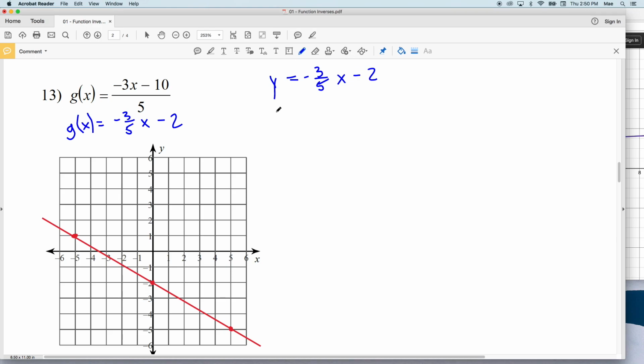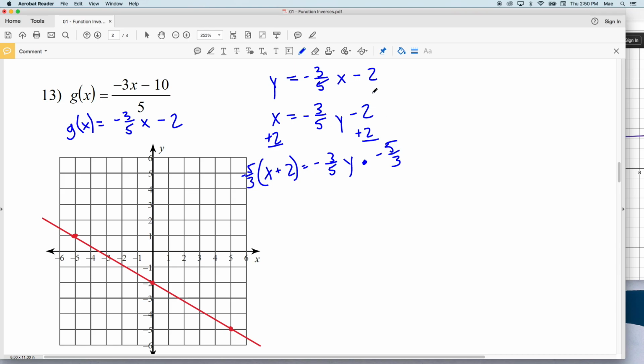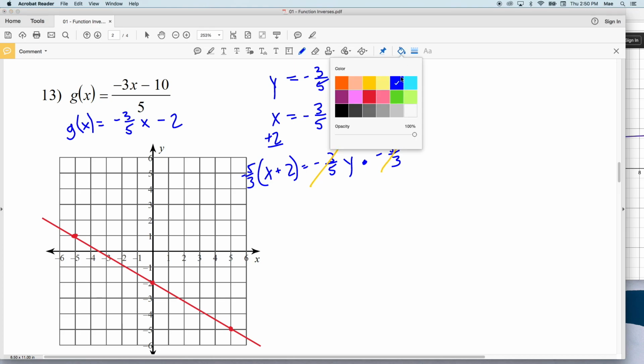Now I'm going to switch x and y, so I'll have x equal to -3/5 y minus 2, so I'll add 2 to both sides to get that x plus 2 equals -3/5 y, and then I'll multiply by the reciprocal of that fraction, so -5/3, and that will help me cancel out the -3/5 on the right hand side.